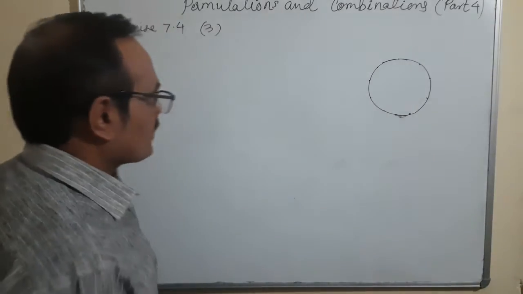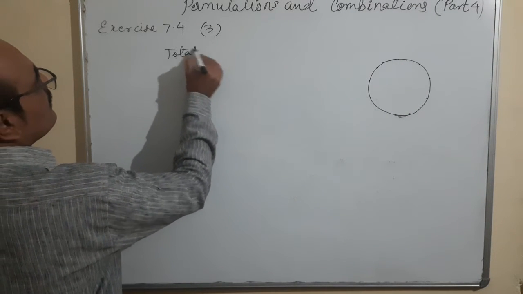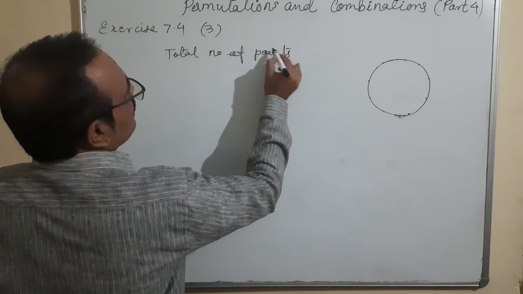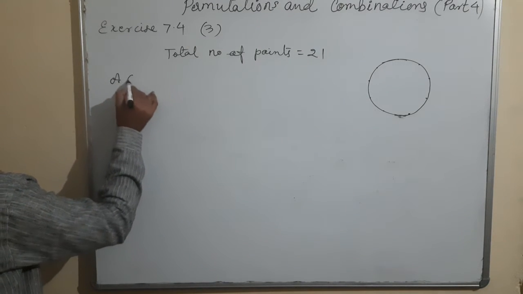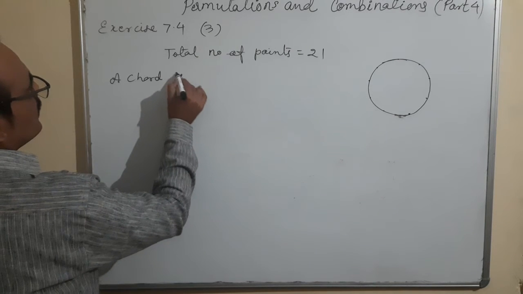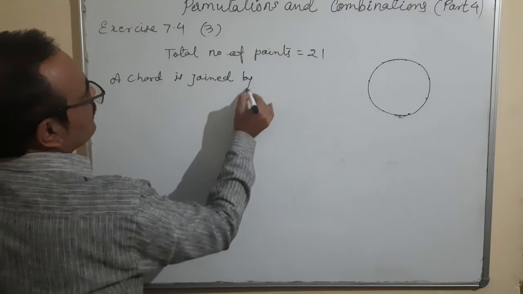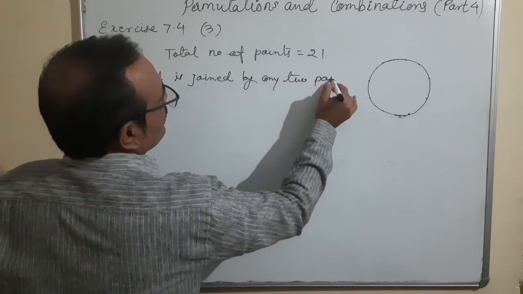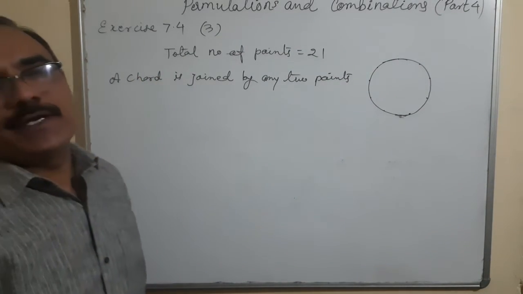So what does it mean? Total number of points is equal to 21. A chord is joined by any 2 points.